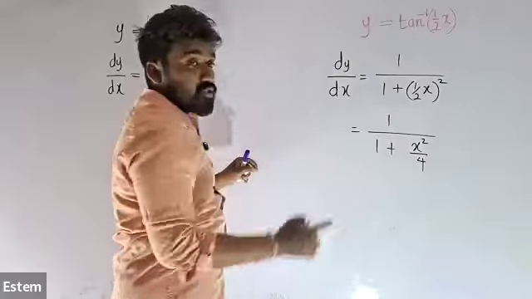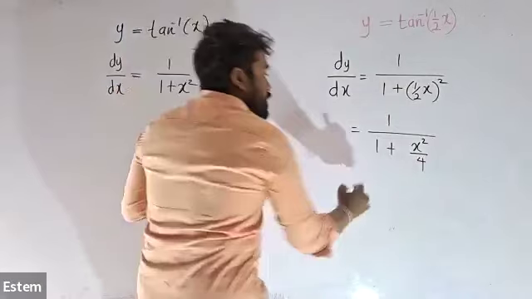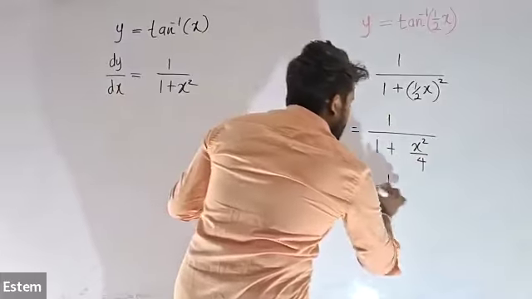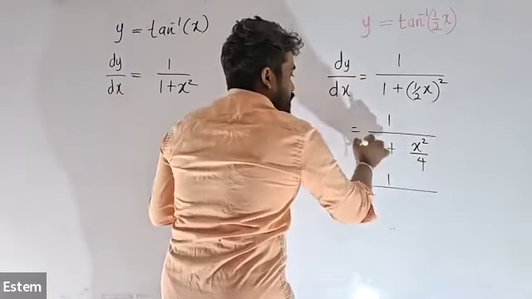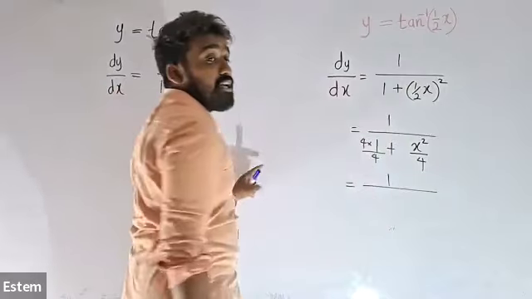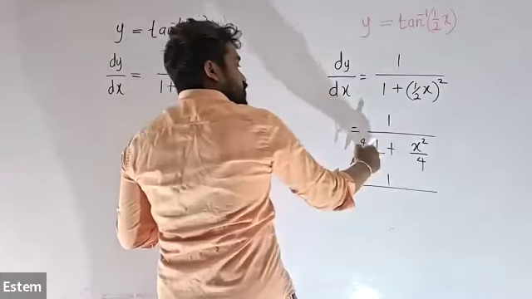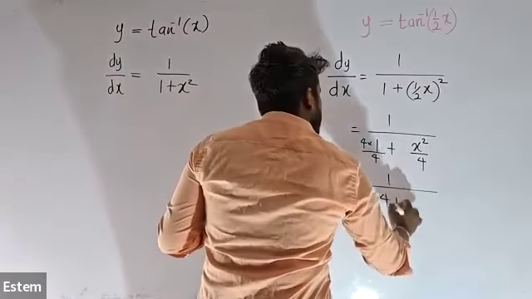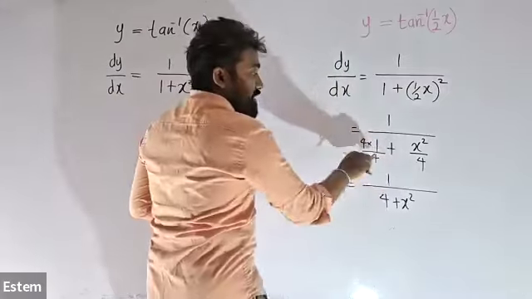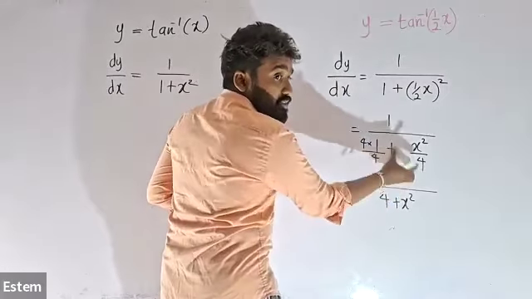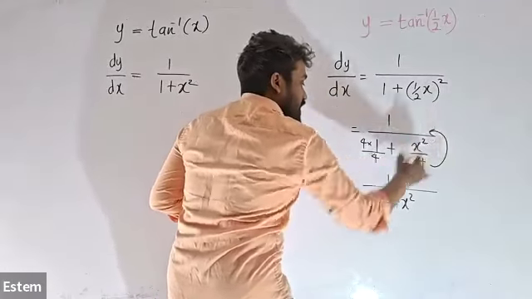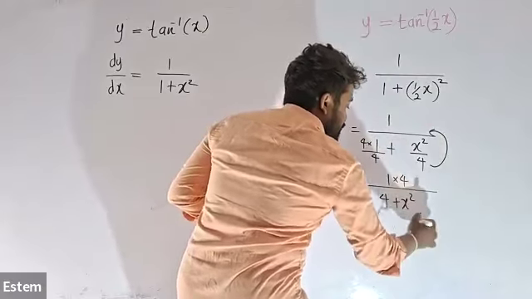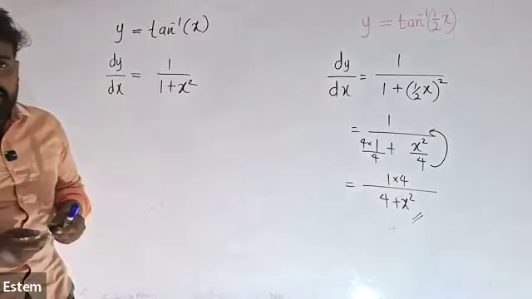Square of 2 is 4. Then we can get a common denominator here. Both sides should be multiplied by 4. Then this is 4 plus x squared, and the denominator 4 comes to the numerator. Now the answer is 4 over 4 plus x squared.